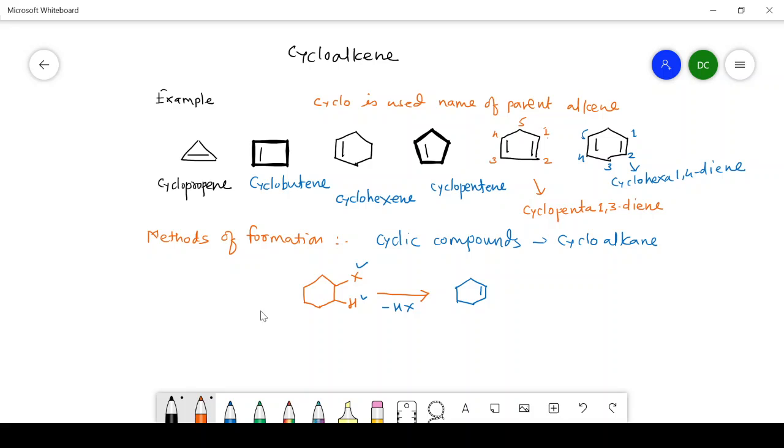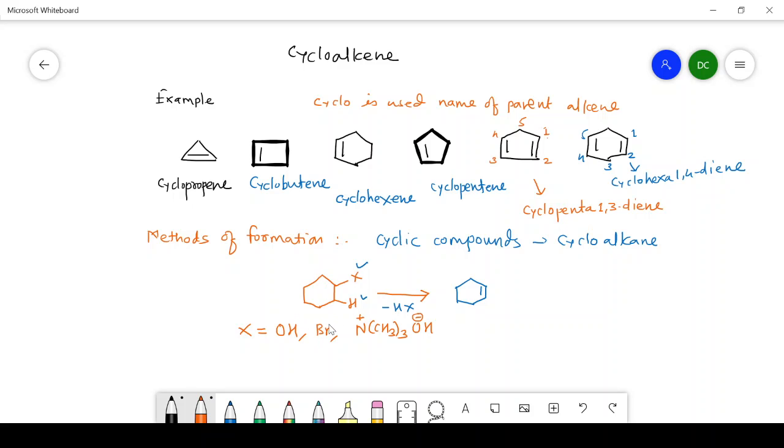Now, X may be OH, it may be Br, that is a halogen, or it may be a trimethylamine and OH group, that is a quaternary salt. Here nitrogen possesses a positive charge, oxygen has a negative charge. If I replace X by OH, then it is a cycloalkanol.